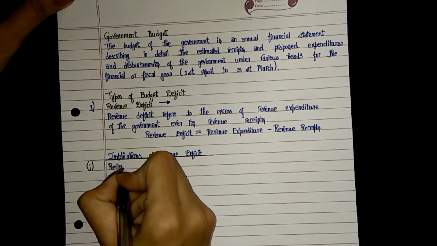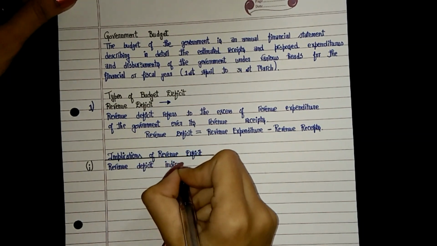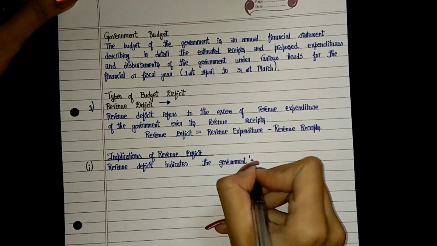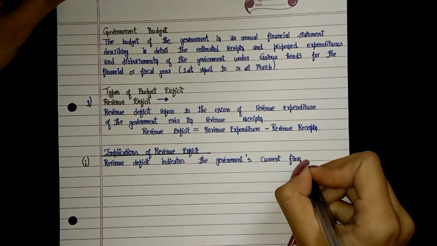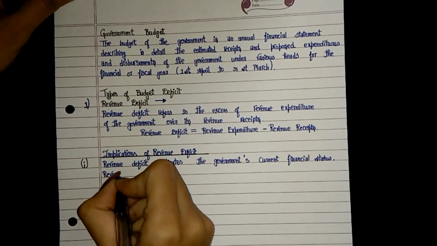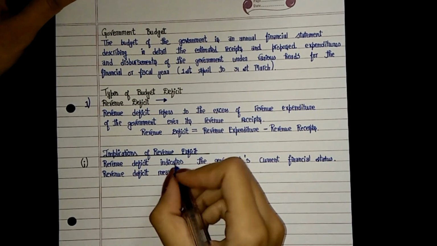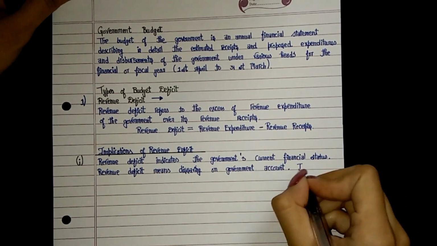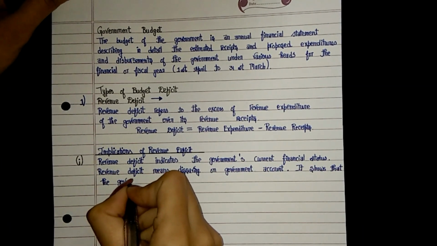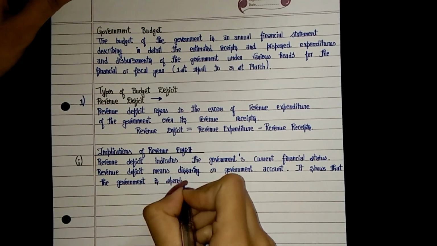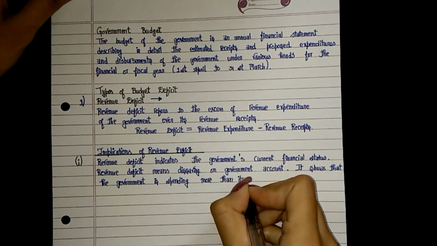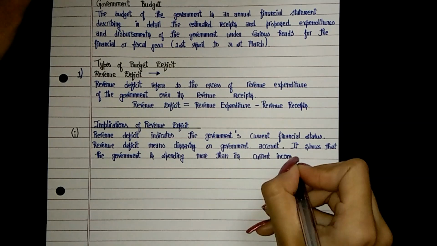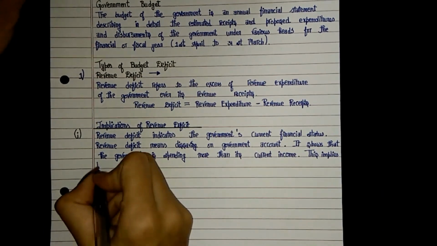After that you have to write the revenue deficit definition, the highlighted portion. Then you have to write the given formula, and then all the implications, first, second and third, till the economy. Till there you have to write your points of implications.